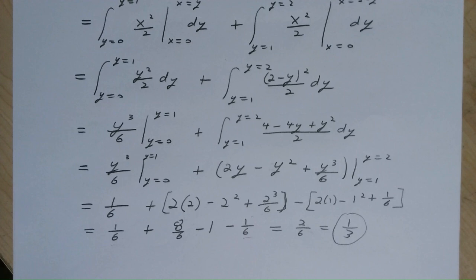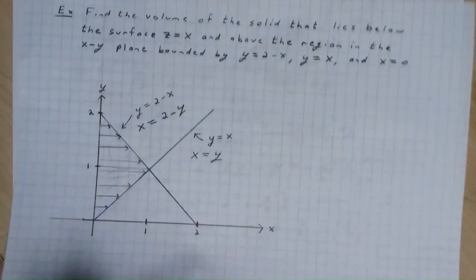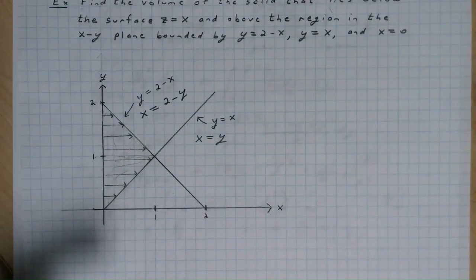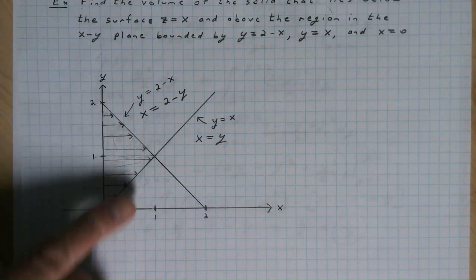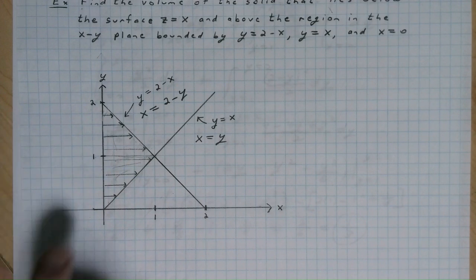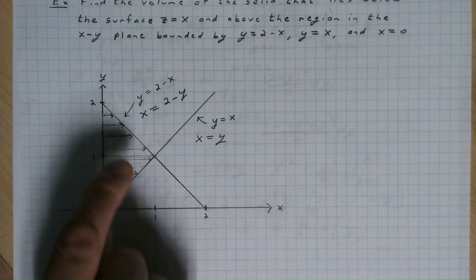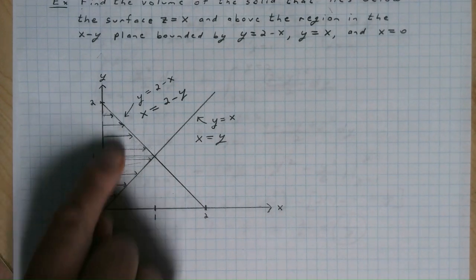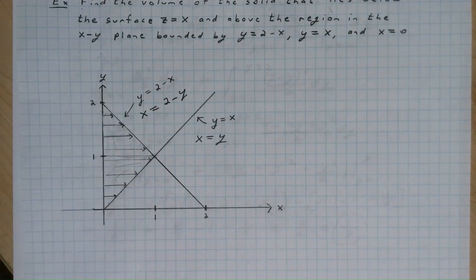Now, this problem illustrates that sometimes there's a difference in steps if you integrate one way or the other. Notice when we integrated with respect to y first, we only had one integral, and the integral was pretty simple. When we did it with respect to x first, we ended up having two different integrals, and it took us a little bit longer.